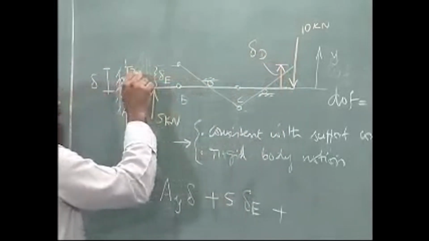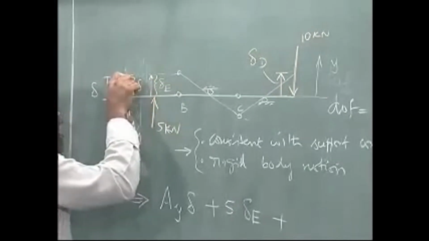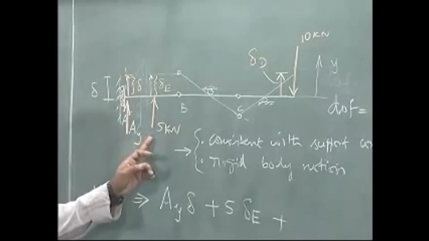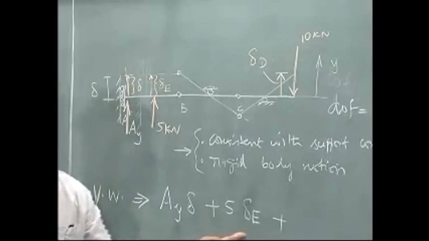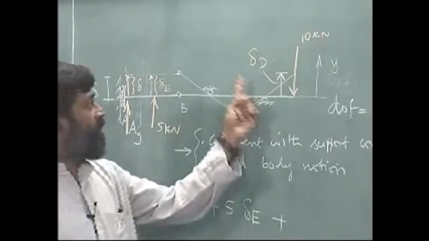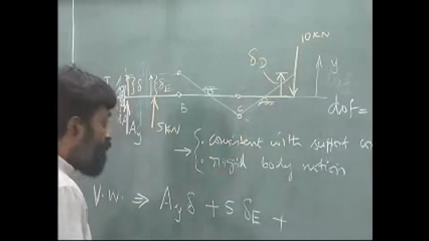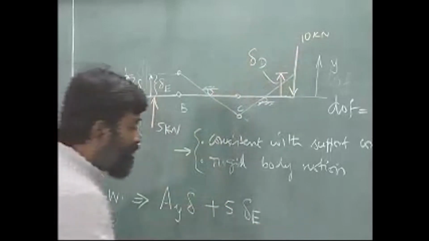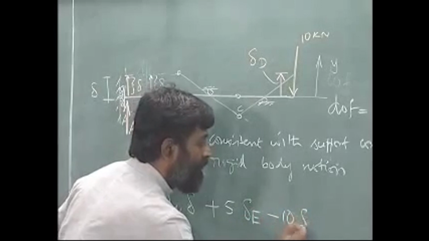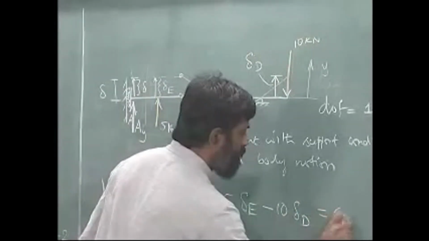Please remember, I should have put the direction of these displacements. 5 kilonewton upwards, delta E upwards. So, that is why plus 5 times delta E. Here delta D is upwards, 10 is downwards. So, I have to have minus 10 times delta D, and this is equal to 0.